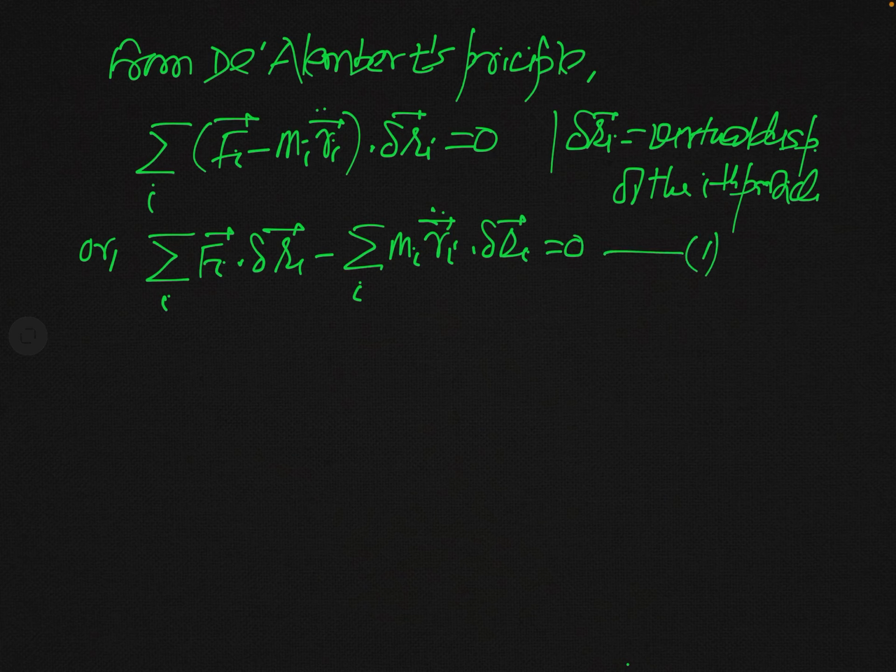So this is the mathematical form of D'Alembert principle. You know it. Now this factor Ri double dot delta Ri can be written in an alternative way.